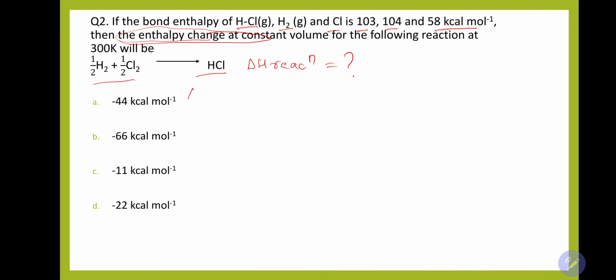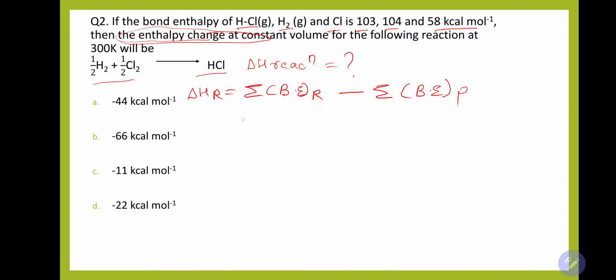We already know that the enthalpy of reaction is the summation of the bond dissociation energy of the reactants minus the bond energy of the products, as the bond energies are given. So reactant minus product.